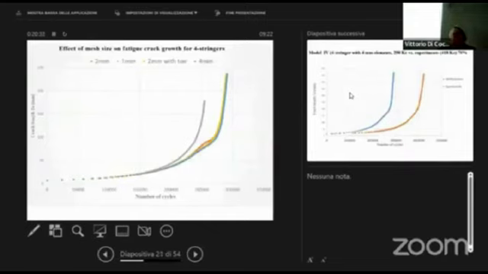So summarizing these results, we can see that the 1 millimeter mesh, which is the gray one, is by far the most conservative, and all other finite element models converged more or less to the same value of crack length and number of cycles. So the finest mesh is actually over-conservative.